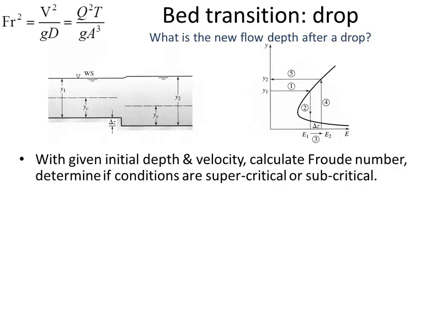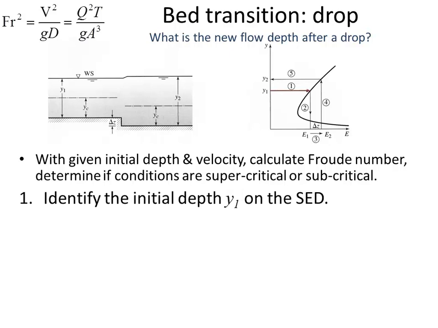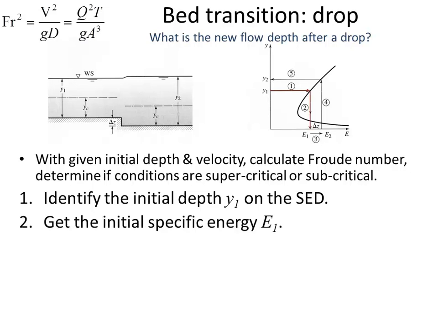And we'll step through this just to illustrate what happens during the drop down. First of all, we would want to identify our initial flow depth. So this is line 1, which is now in red. And we go down to the energy axis, and we find our initial energy level, the initial specific energy.